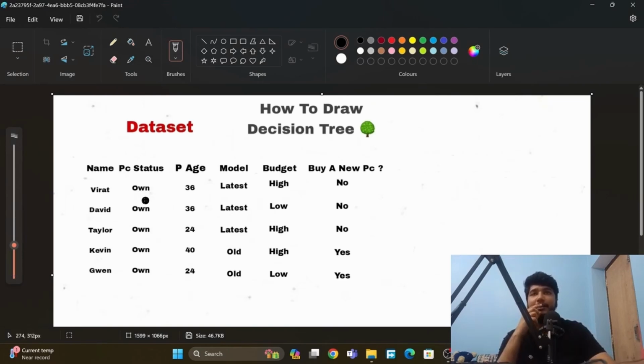This is the person name and this is the PC status. We want to calculate for on. This is the age. We have already selected on there, and now we will select which one will be the node. So we will calculate entropy and information gain again for person, age, model, and budget. Okay, let's do it again.